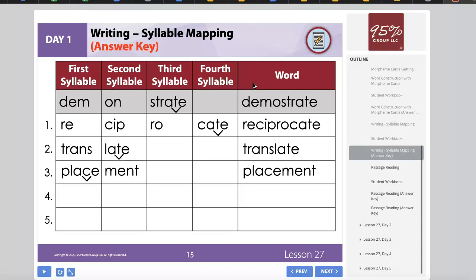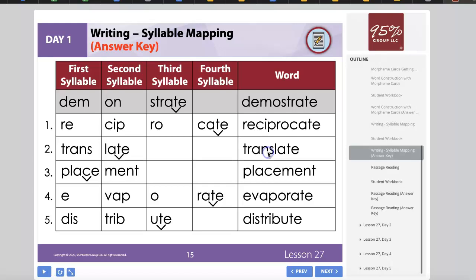Clap it. Placement. First syllable. Second. What's the word? Everyone say evaporate. Clap it. Evaporate. And the last word, everyone say distribute. Clap it.